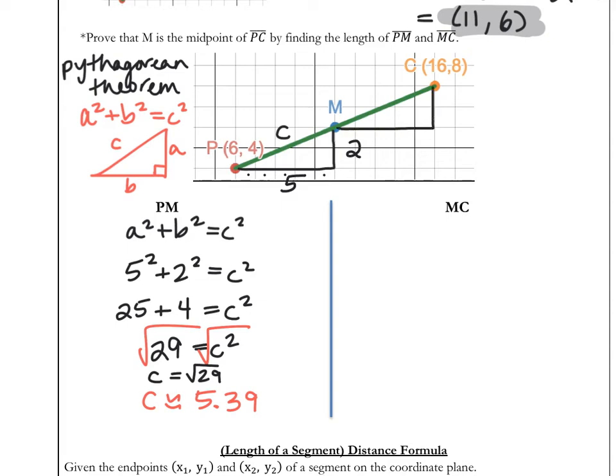So make a right triangle. This right here is MC. So this is what we are solving for. And we'll do the same thing. We use Pythagorean theorem. A squared plus b squared equals c squared. Count the sides. 1, 2. And 1, 2, 3, 4, 5. Plug the same numbers in.